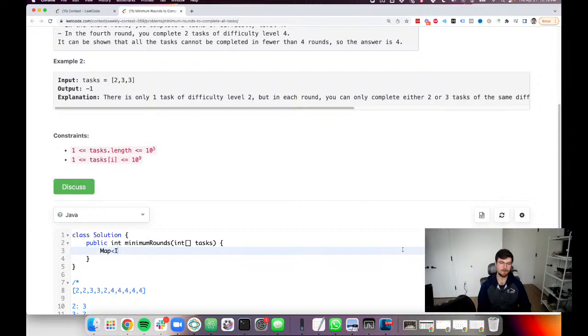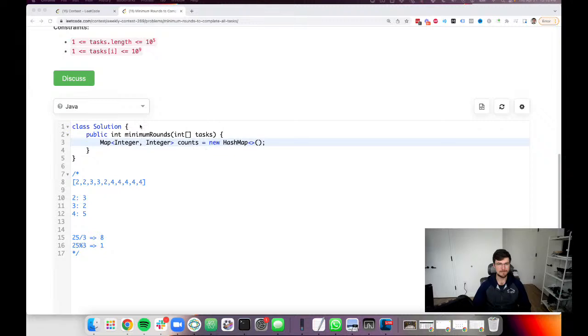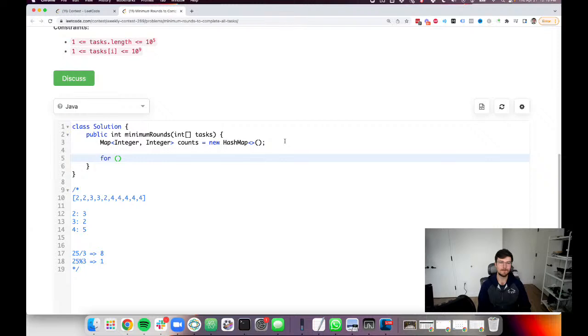Let's call it a map of integer to integer. Counts is a new hash map. And then, I keep forgetting that I can do this, but there's this getOrDefault, right? I think that's probably the easiest thing for us to do here.